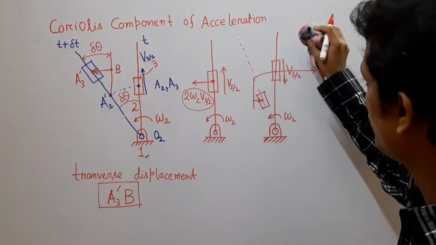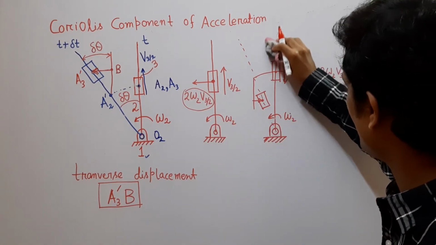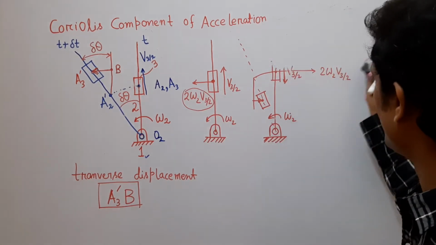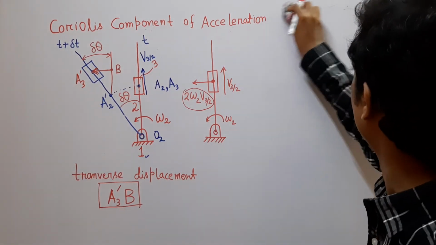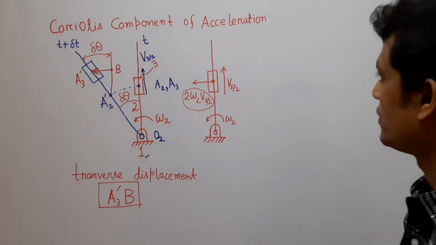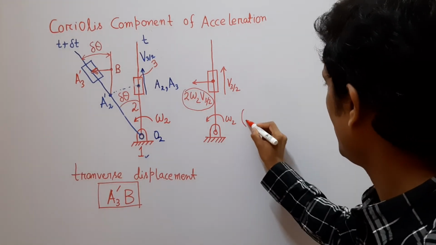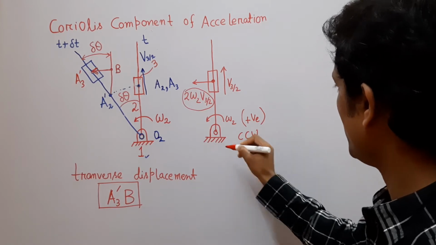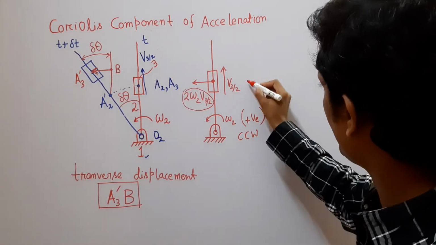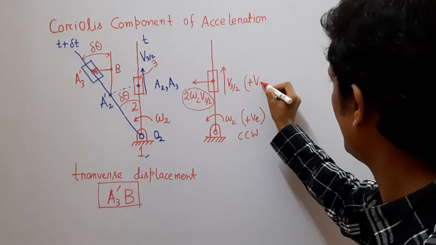Now I am giving you a rule to remember and to find out the direction of Coriolis component. How to find out the direction of Coriolis component? You can find it by checking the direction of transverse displacement. But here say counterclockwise rotation is positive, and upward direction is positive.